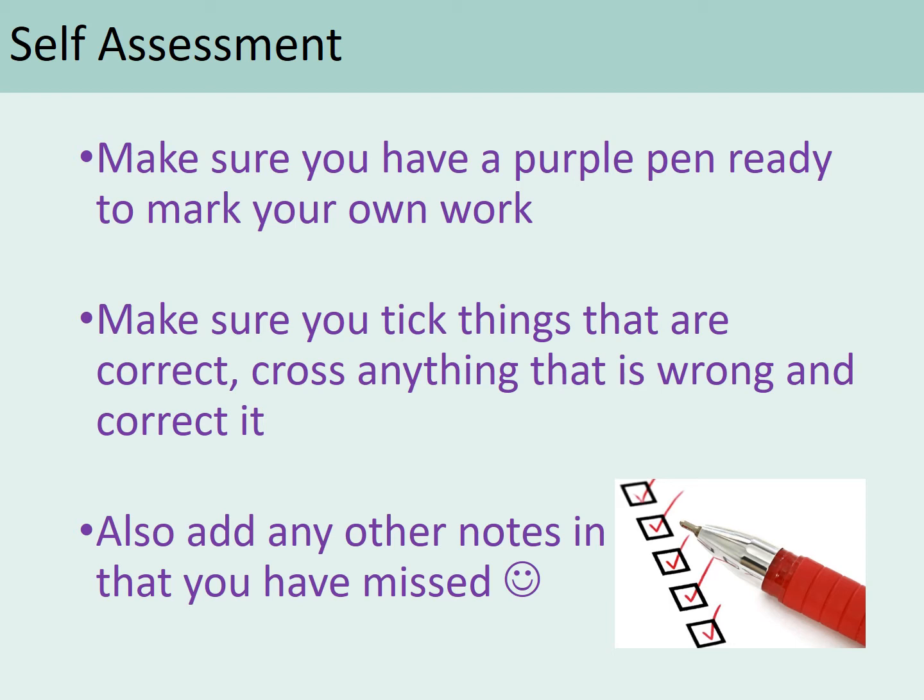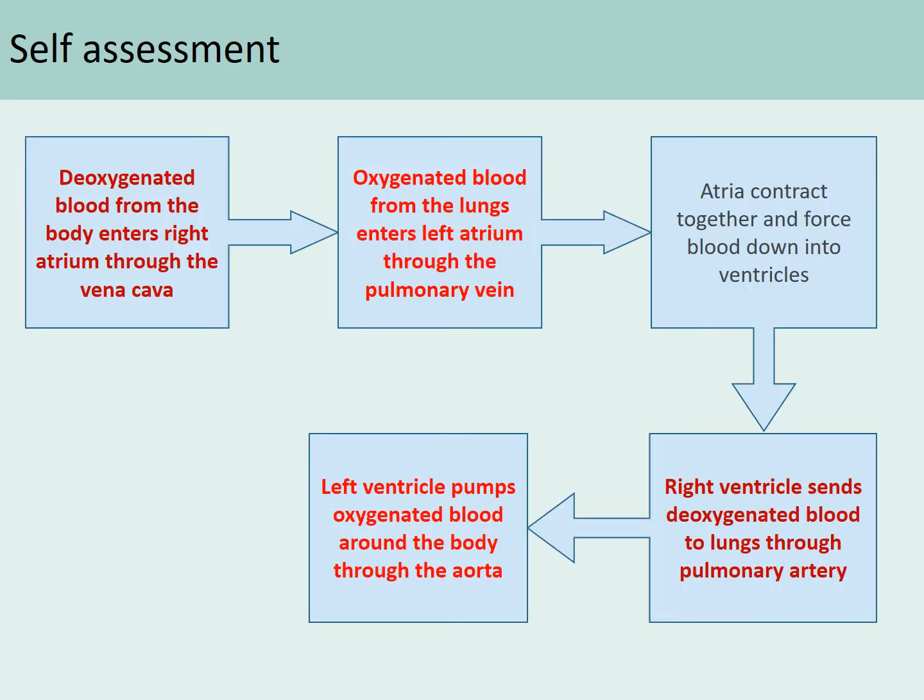Okay, so your flowchart or flowcharts will not look exactly the same as mine, but we just need to make sure that we've got some of these key points in there. So deoxygenated blood from the body will enter the right atrium through the vena cava. The next stage is the oxygenated blood from the lungs goes into the left atrium.